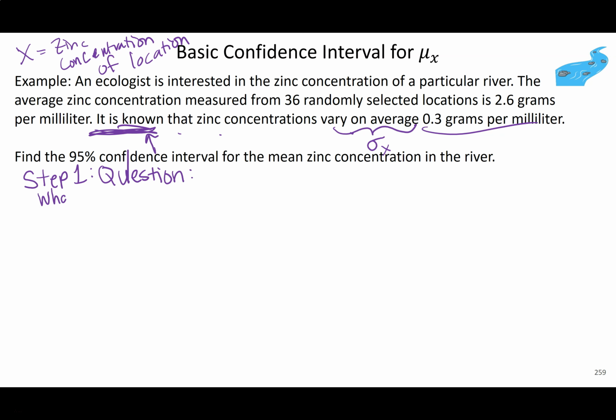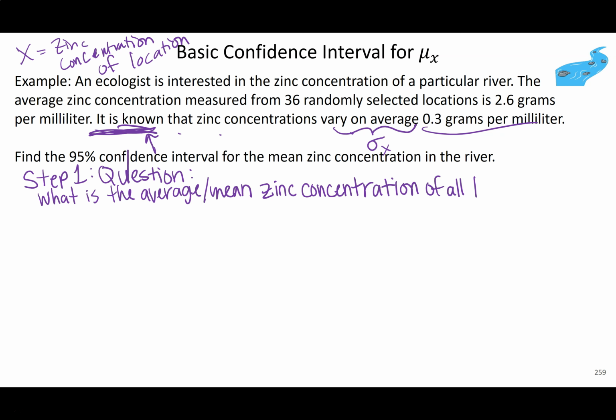So what is the average or mean? We're okay with you using either one here. Zinc concentration. So that is my variable of interest we're collecting. And then I have to say of my population, so of all locations on this river.